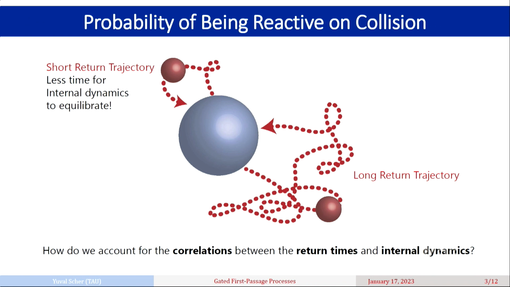So if I was non-reactive to begin with, you might expect that after a very short trajectory, I have higher probability to still be non-reactive versus a very long trajectory where the internal dynamics have enough time to equilibrate. And that is exactly the correlations that we talked about.